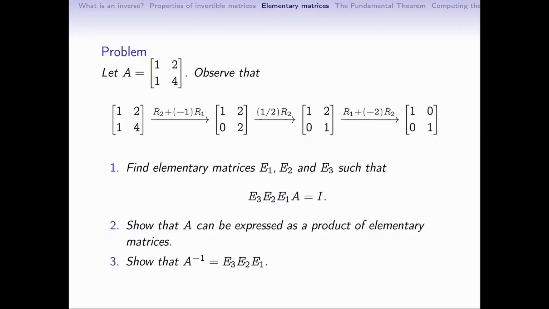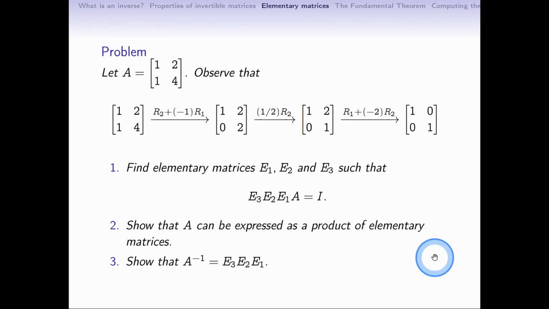Let's put some of this theory to use. Let's take a look at the following problem. So let A be the matrix that's given here. And I want us to observe that by performing the following sequence of row operations, we can reduce the matrix A to the 2x2 identity matrix. So part 1 of the problem says, find elementary matrices E1, E2, and E3 such that multiplication on the left of A by E1, then E2, and then E3 produces the identity matrix.